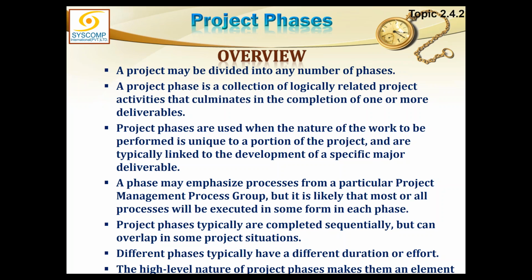Project phases typically are completed sequentially. That is what we said. That is what we emphasize. Try to do your project phases one after the other, but they can overlap.